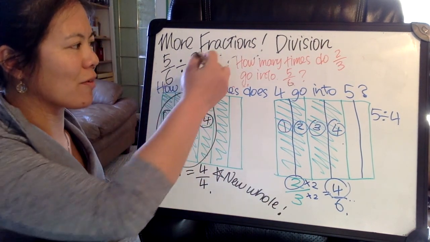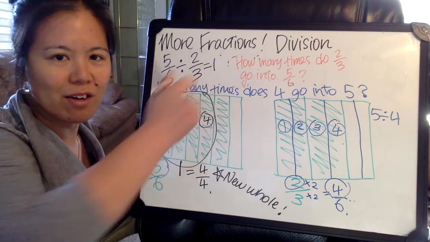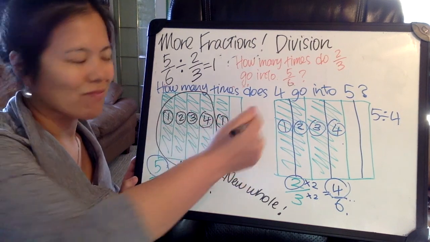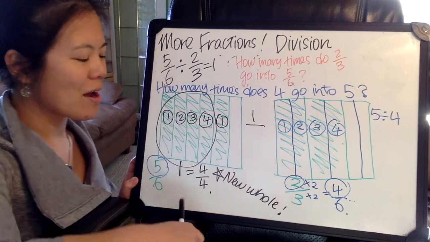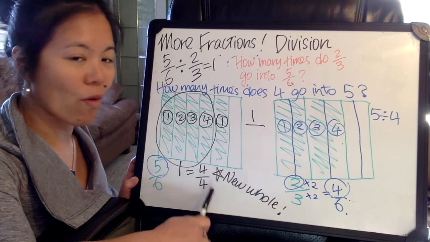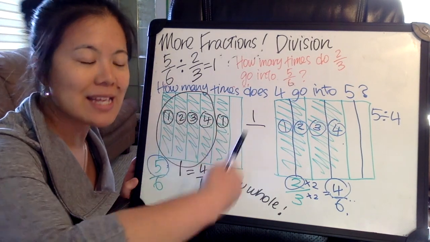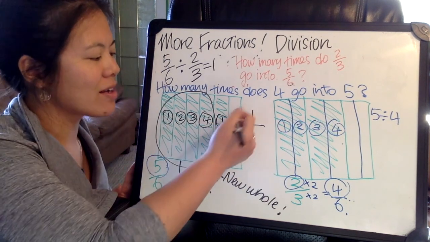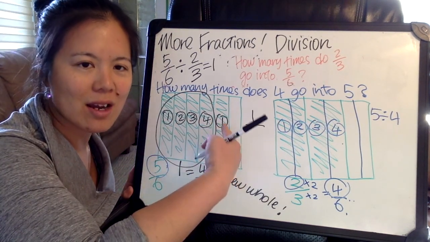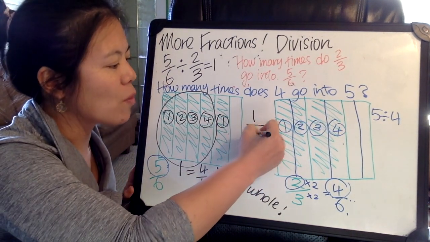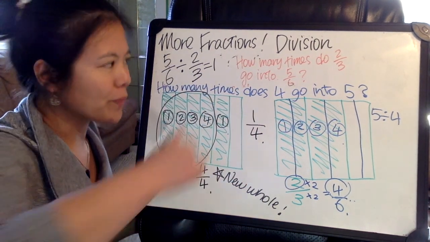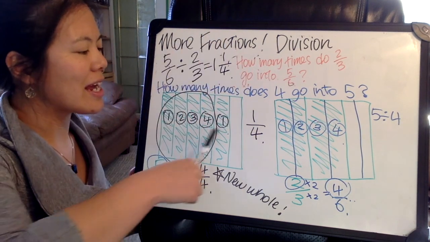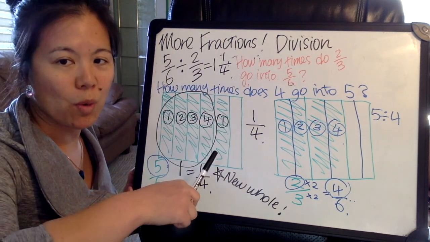So I know that there's gonna be a 1 right over here, and I have 1 piece left. 1 out of what? My new whole is 4/4. When I have 4 pieces, I can say, yeah, I have my whole, I have my 1. So I only have 1 out of the needed 4. So 1/4. So I know the answer to the question is 1 and 1/4.